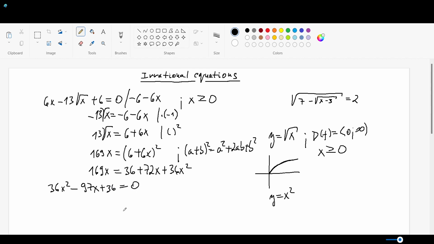So this is a standard quadratic equation, and I'm going to solve this equation for you, because I see there are really big numbers there.